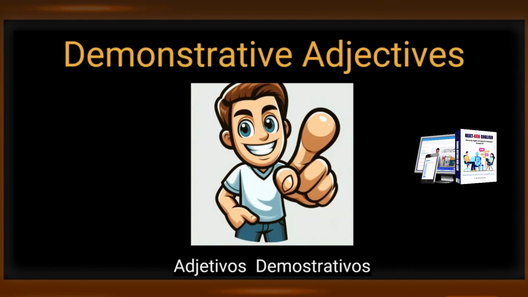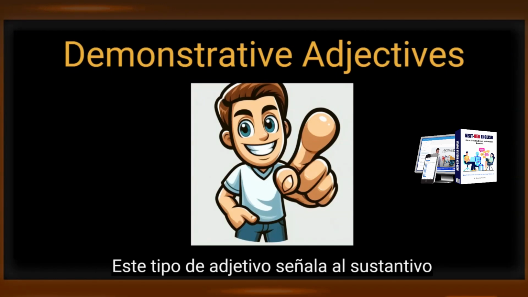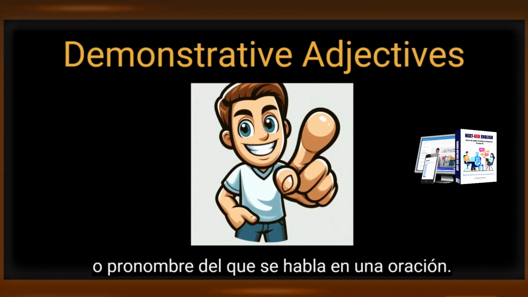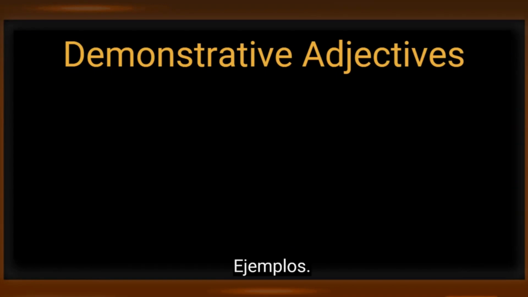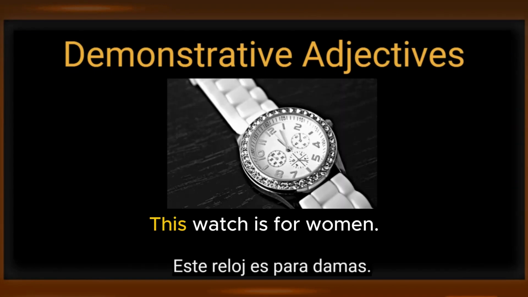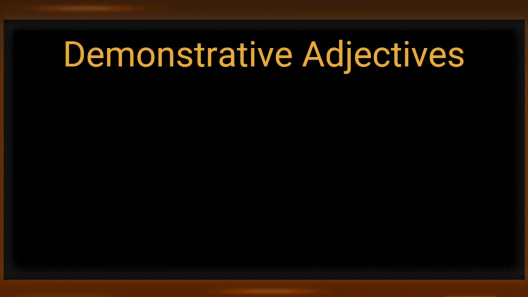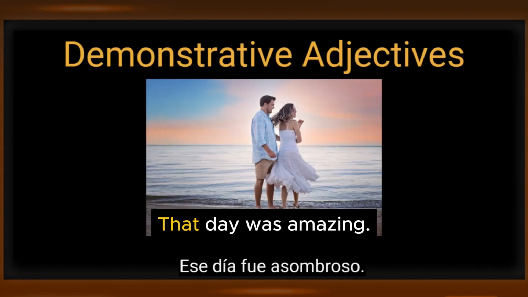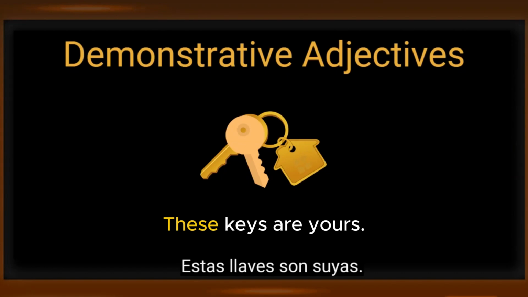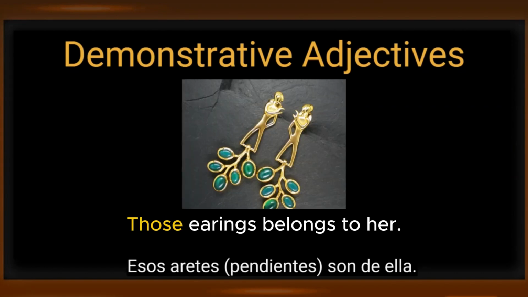Demonstrative adjectives. This type of adjective points to the noun or pronoun talked about in a sentence. Examples: This watch is for women. That day was amazing. These keys are yours. Those earrings belong to her.